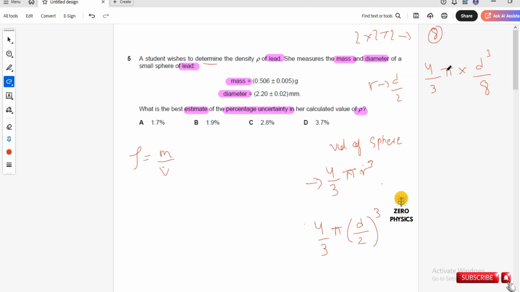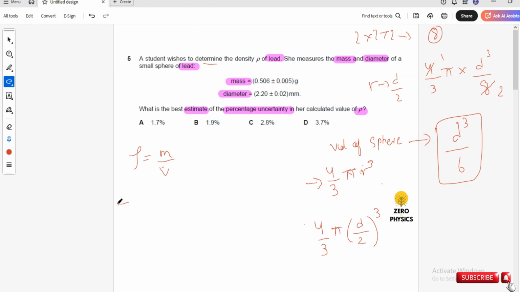So this is 8, and 4 and 8 can be cancelled: 4 goes into 4 once, and 4 goes into 8 twice. So we have π d cubed over 6 as our final answer, which is actually the volume of a sphere in terms of diameter.